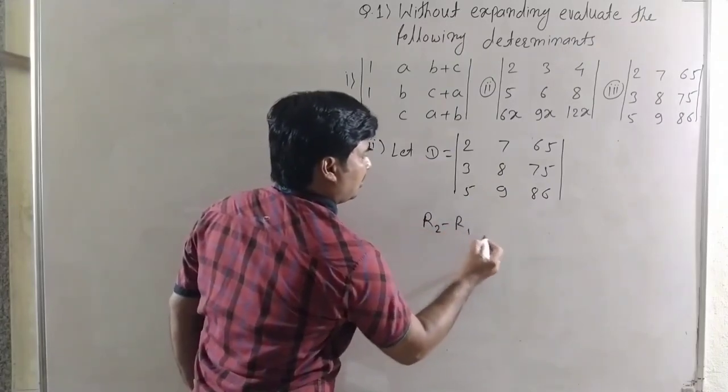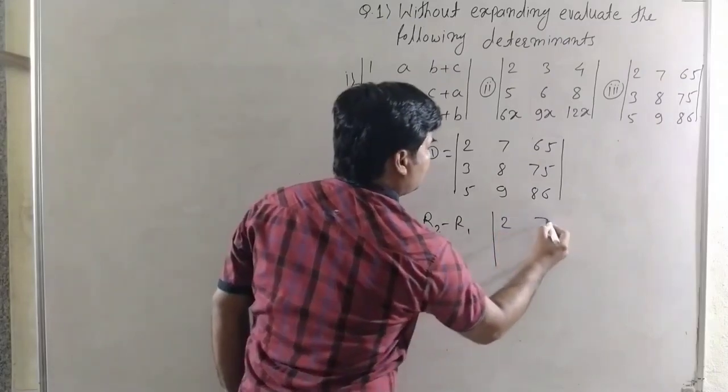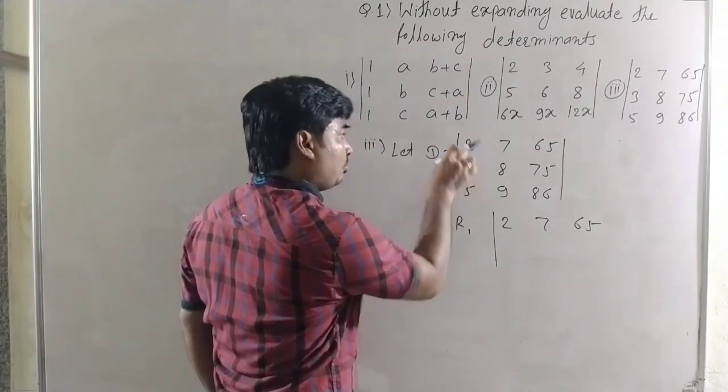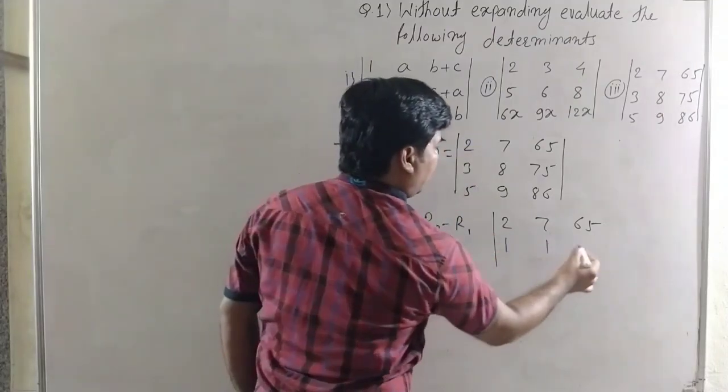When we perform R2 minus R1, we get 2, 7 and 65 as it is in the first row, and here 1, 1 and 10.